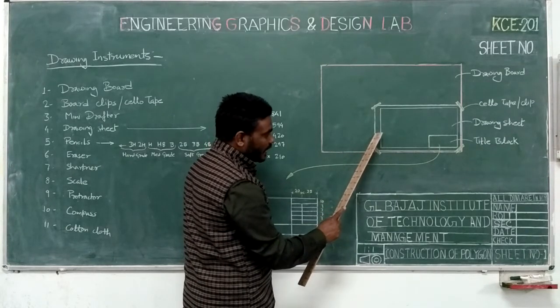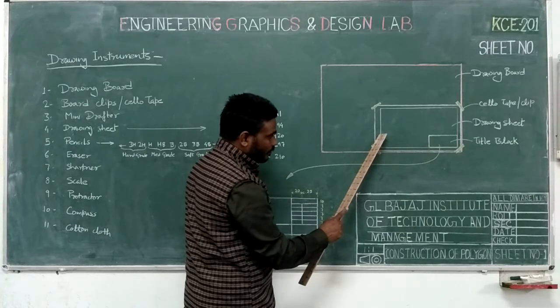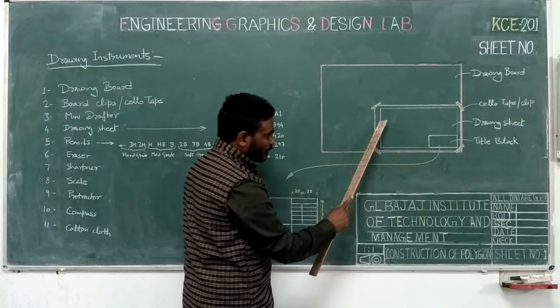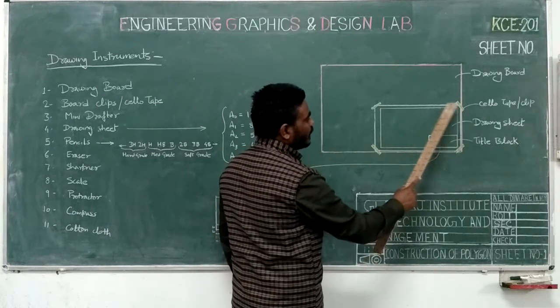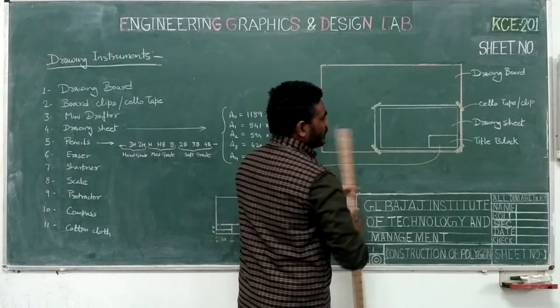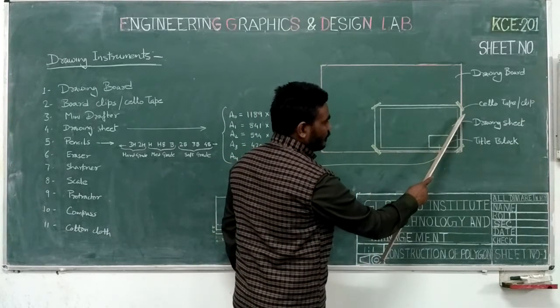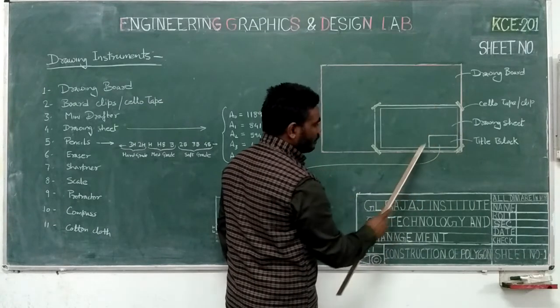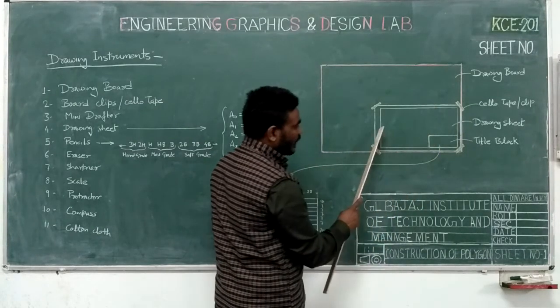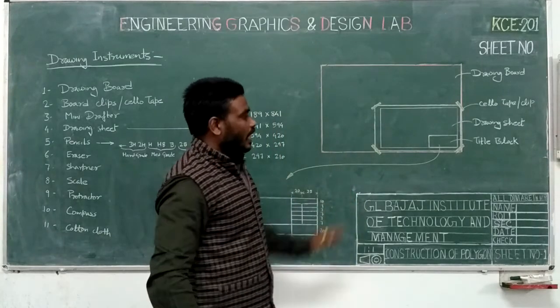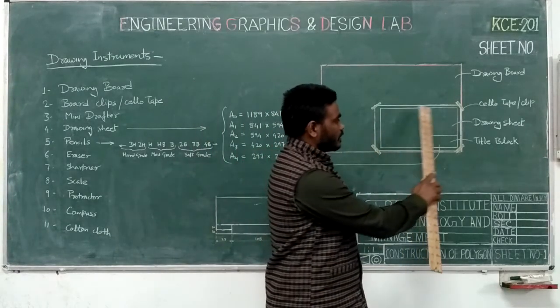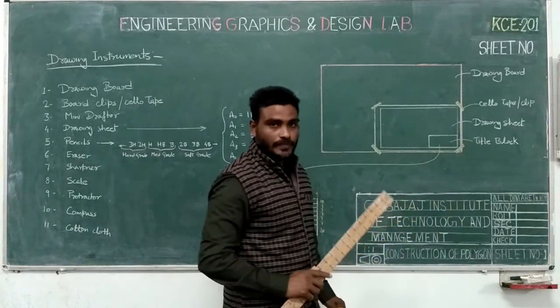From this, we will take a 20 mm gap and draw a line. Means we have to draw a margin line or border line. Three sides will have a 10 mm gap, 10 mm gap, 10 mm gap, and from the left side it will be a 20 mm gap. After drawing this border line, what do we have to do?